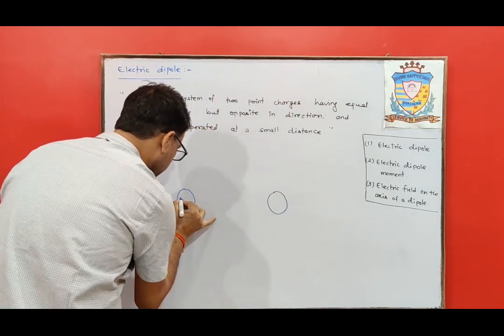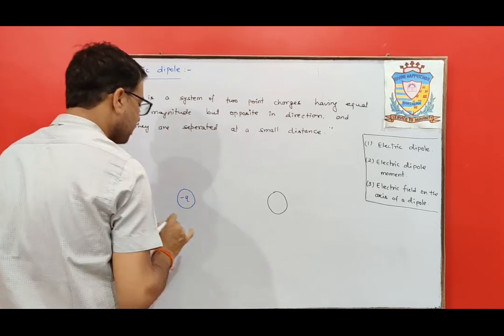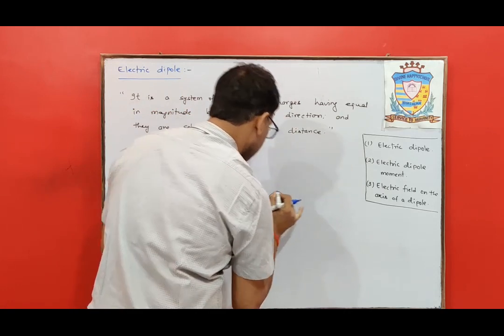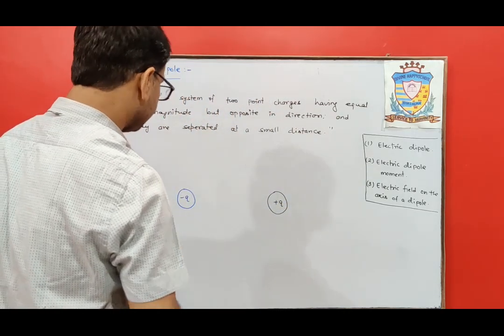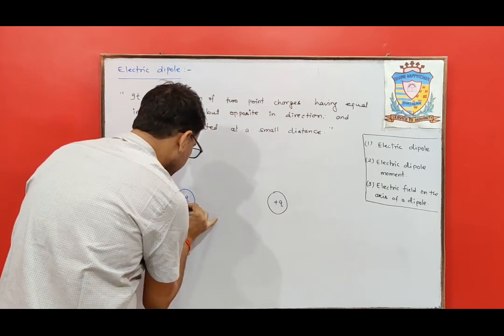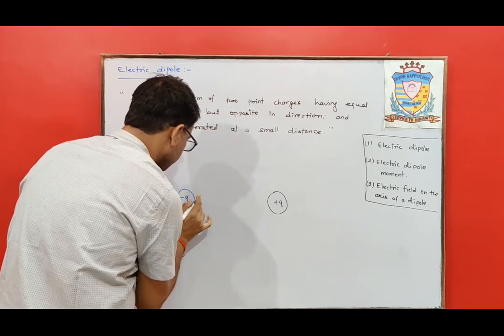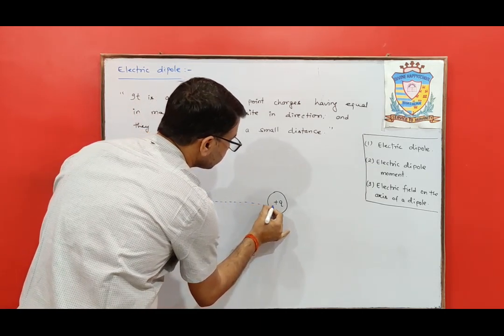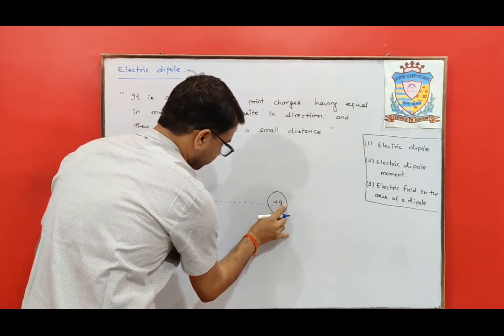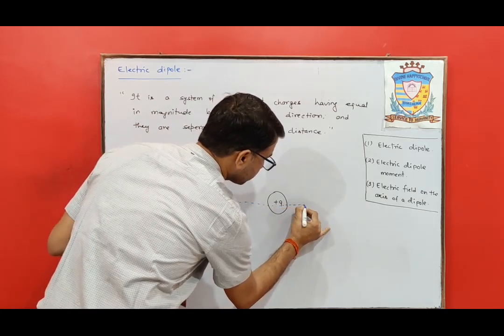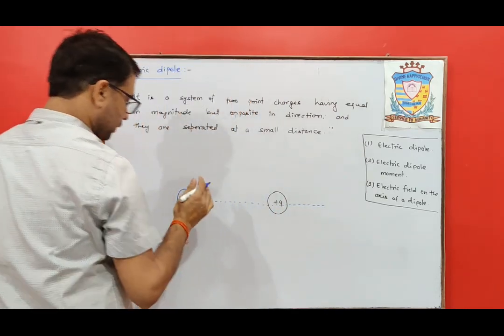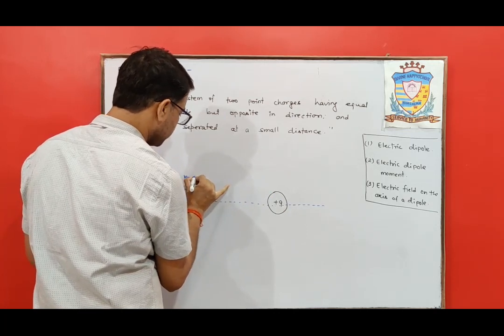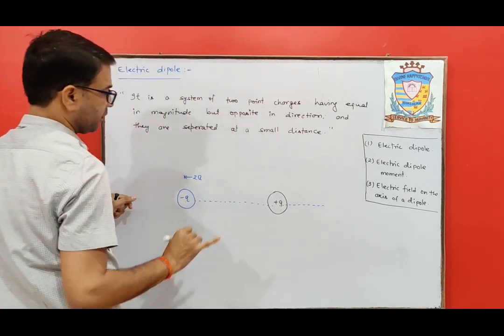That means suppose we have a negative charge minus q over here and a positive charge plus q over here. Suppose the distance between these two is 2a.